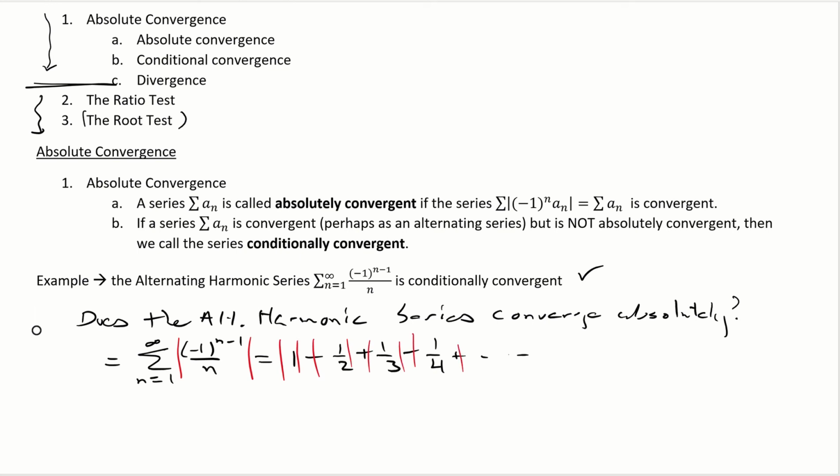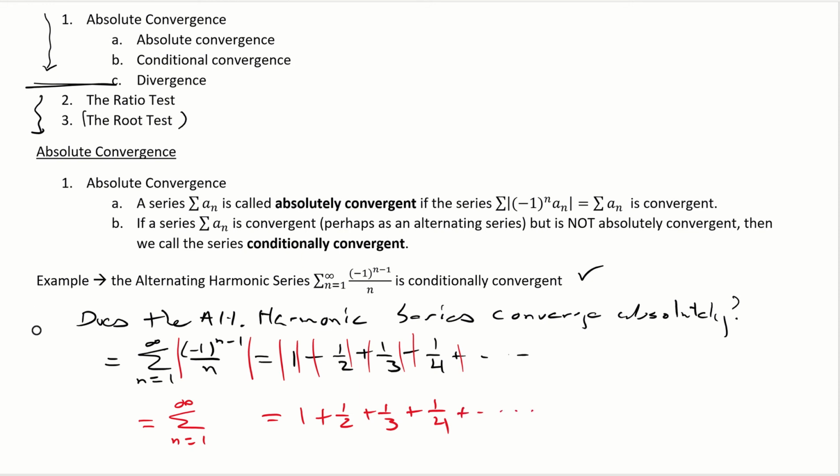If they're positive, leave them alone. So what we're doing is we're going to just absolute value these guys all the way down the line, and we end up with two ways to write it. One is to say the series n equals 1 to infinity. What happens out here is it turns into not 1 minus a half plus a third minus a fourth. It turns out to be 1 plus a half because you absolute valued that, plus a third, plus a fourth because you absolute valued that fourth term, plus, plus, plus all the way down.